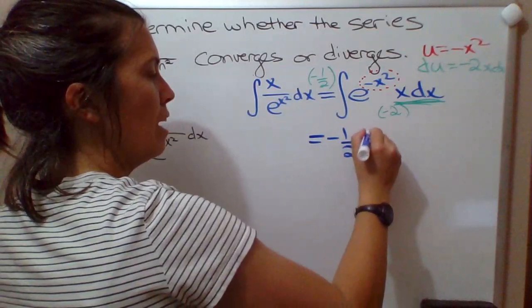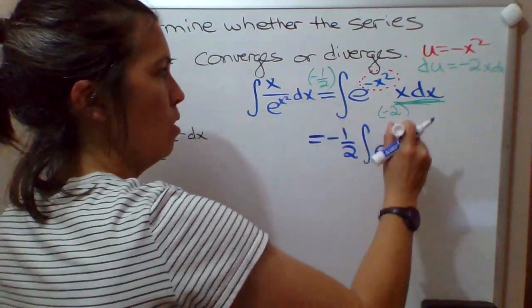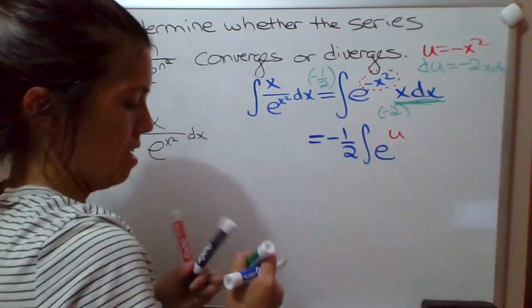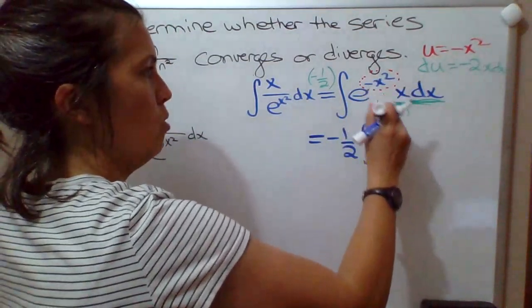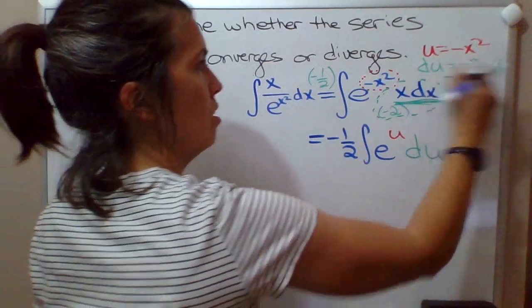So negative 1/2 integral of e to the u times this whole negative 2x dx becomes du here.